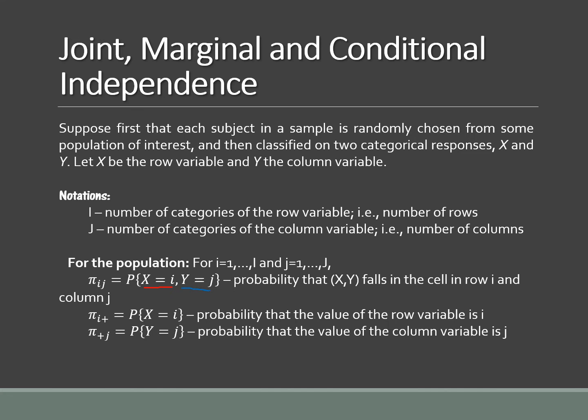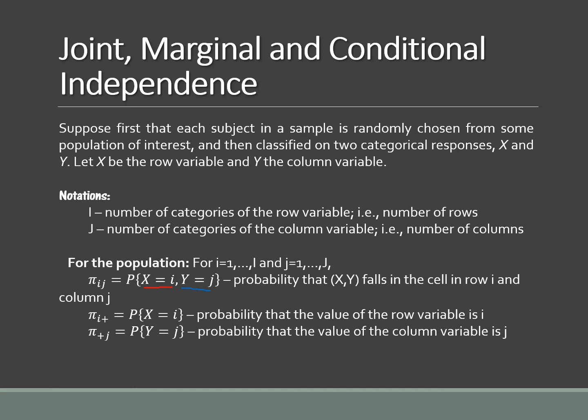This is a joint probability because you are considering the value of X, which is a random variable, and the value of Y, which is also a random variable, at the same time. So this is the probability that the XY consideration falls in the cell in the position of row i and column j at the same time. This is a joint probability because X must be equal to i and Y must be equal to j at the same time.